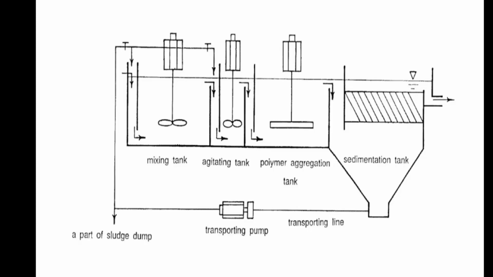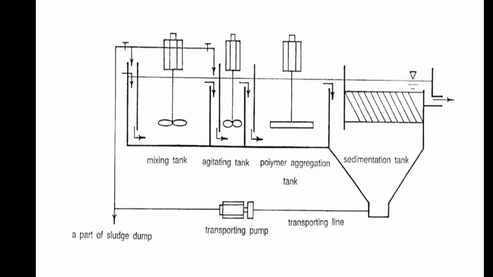In the first, there is an inlet section in which the raw water enters the clariflocculator, and through the inlet itself, the coagulants are added, and in the mixing tank, the mixing will happen, and in the agitation tank, heavy agitation is given for the proper mixing of coagulants with the water.